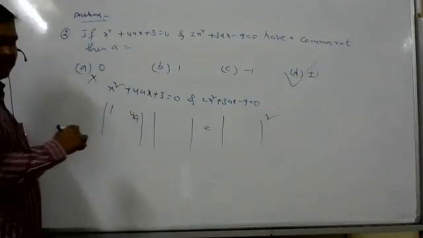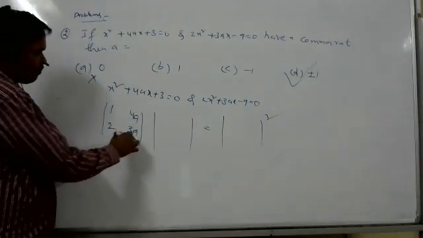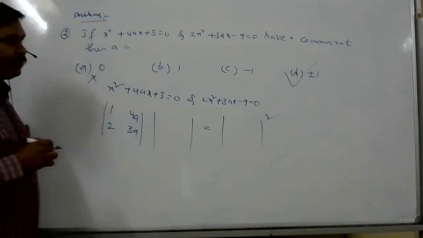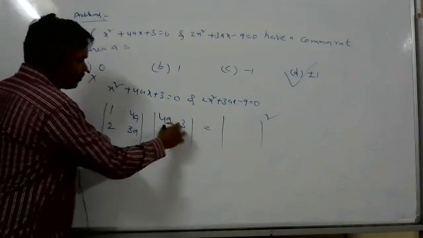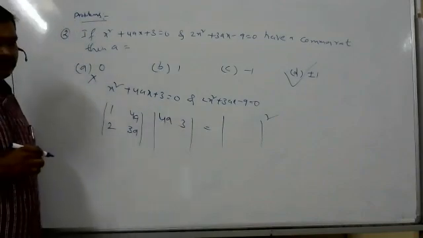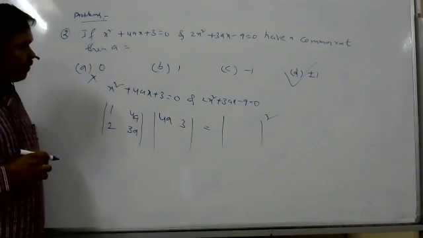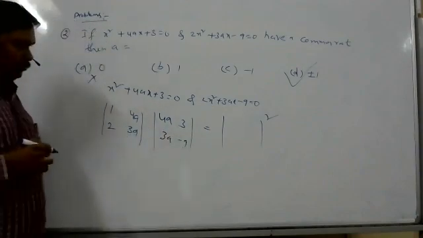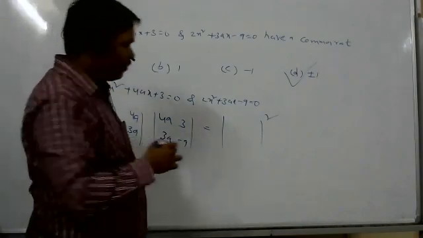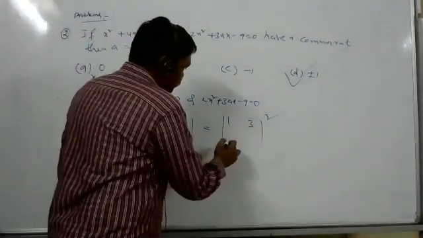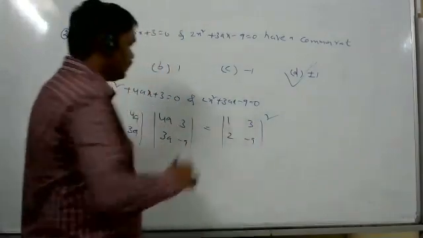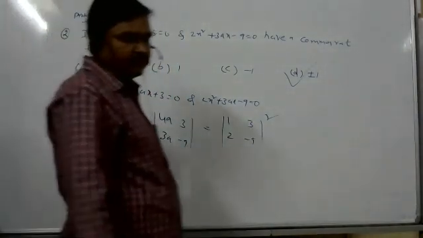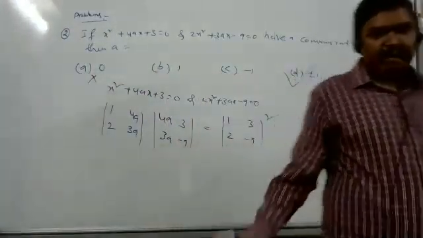One, 4a, two, 3a. Then next, 4a, 3. Three a, minus 9. Next, 1, 3, 2, minus 9. And find the determinant.